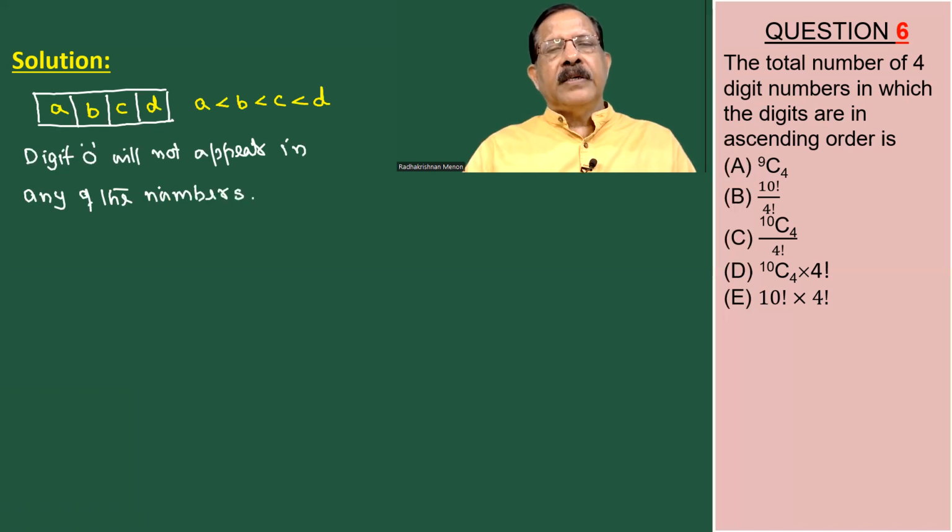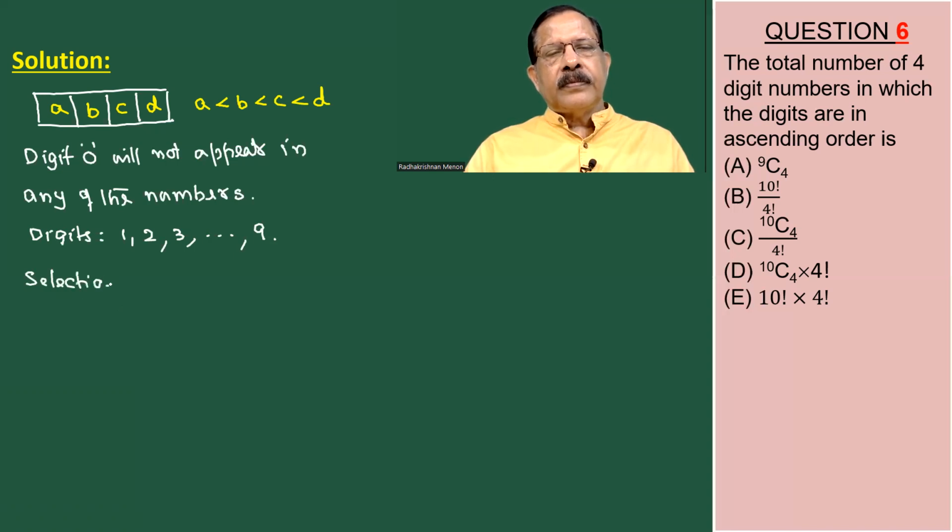Because A cannot be 0. If B is 0, then A should be less than 0, which is impossible, like that. Hence, A, B, C, and D cannot take the value 0. Now we have got digits, 9 digits only: 1, 2, 3, etc. 9. These 9 digits. Select any 4 from these 9.